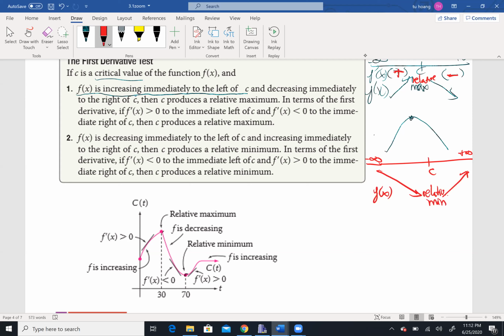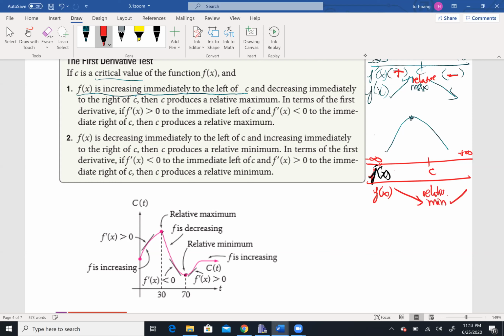Okay, and also in the interval from negative infinity to C, you should have f'(x). Let me change the color. I'm going to separate this better.